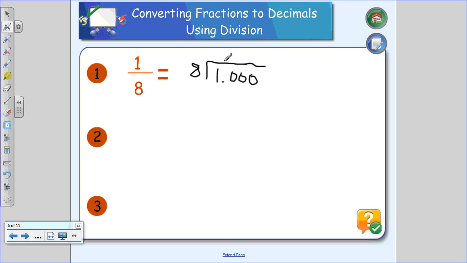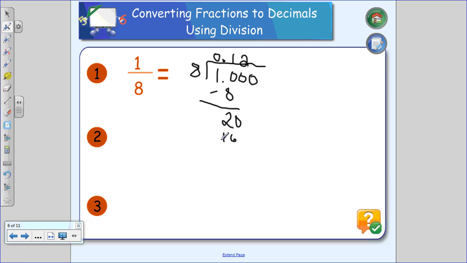8 goes into 1, none, so I know this is going to be 0. 8 into 10, it'll go 1 time. So we get an 8 here. 10 minus 8 is 2. Didn't come out to 0, so I'm going to have to bring down another number. So now I have 20. 8 into 20 goes twice. 8 times 2 is 16.